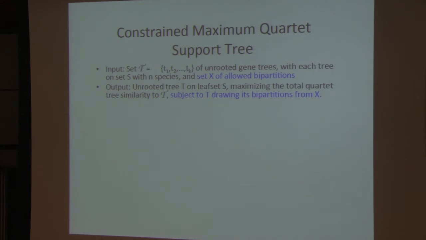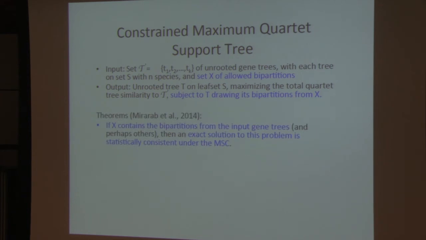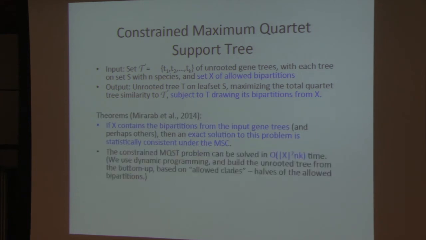So every edge in a tree gives you a bipartition on the leaf set. And I'm going to tell you which bipartitions you're allowed to use. So if I tell you which bipartitions you're allowed to use, I still want to find an optimal solution. That constrained version of the problem is polynomial. And it can be solved using dynamic programming in quadratic time.